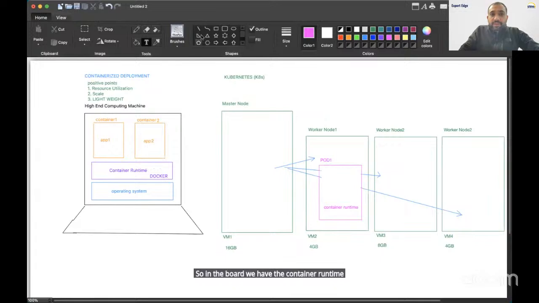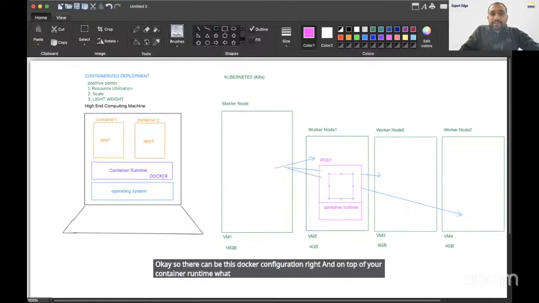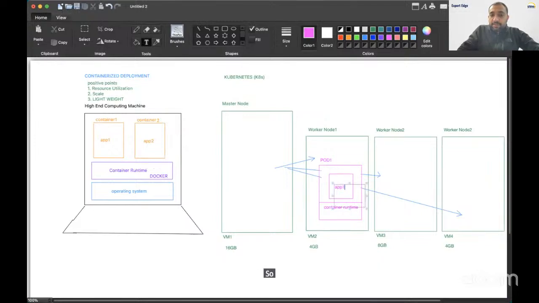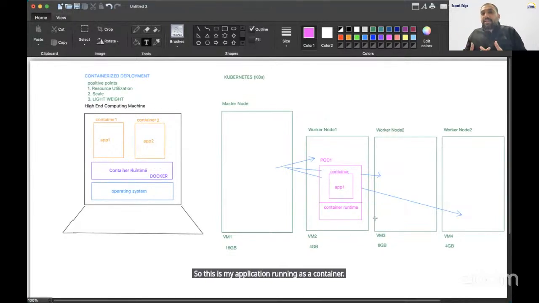There can be this Docker configuration, right? And on top of your container runtime, what you have is your application. So this is my application running as a container, right? So pod is basically a hosting environment for your container.